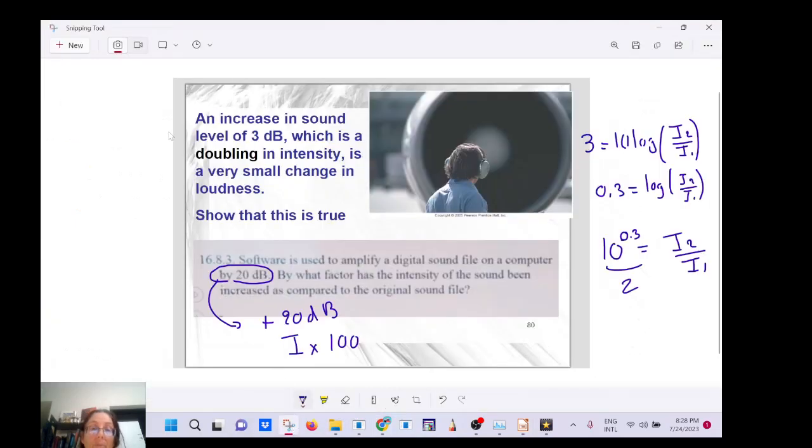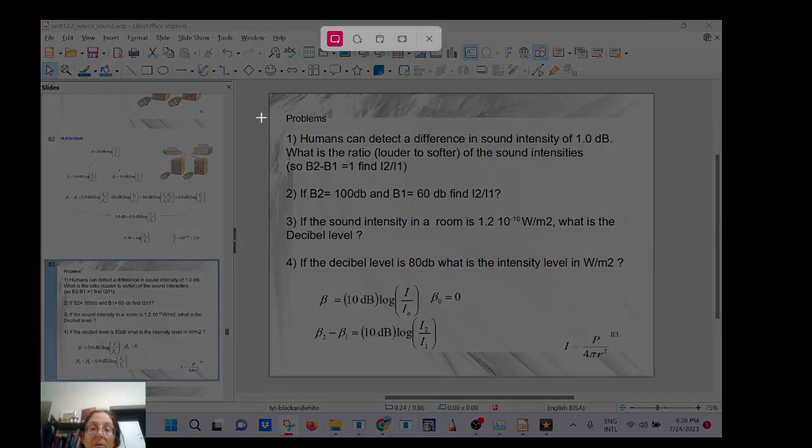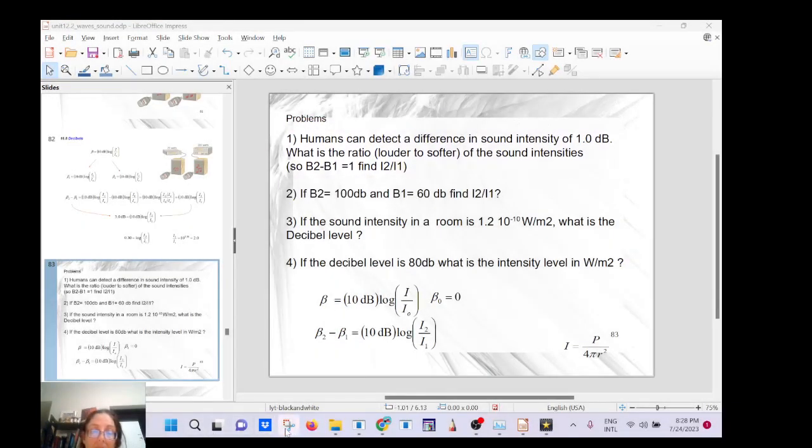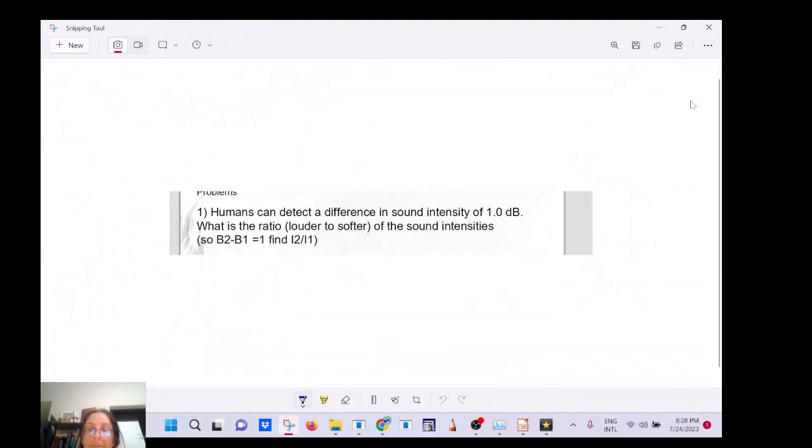Okay, so let's do a few problems, but then they all look the same. All those problems look the same. So if a difference in decibel will be 1 dB, that means the smallest change in sound that we can detect.